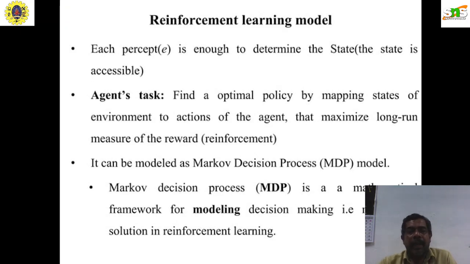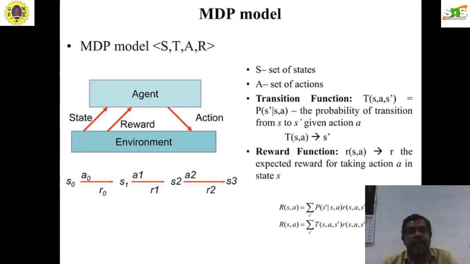So it can be modeled with an MDP, the Markov decision process. The Markov decision process is a mathematical framework for modeling decision making. That is mapping a solution in reinforcement learning.